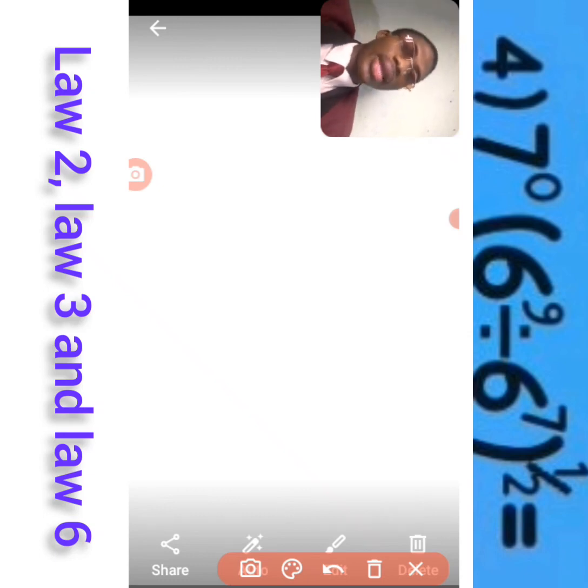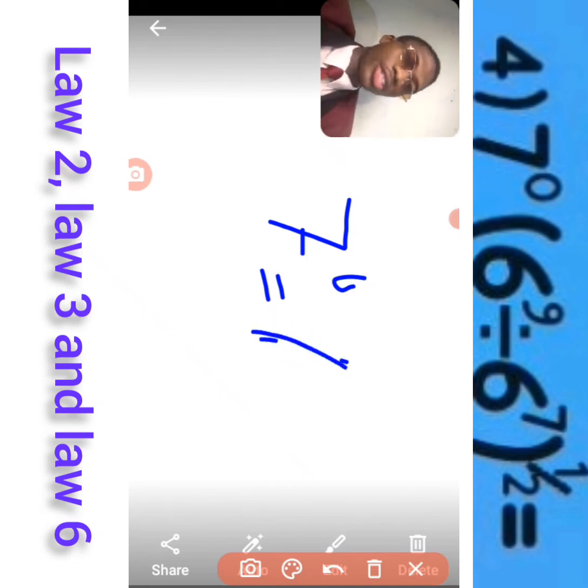And the last question, all right. From all that I've said, in question number 4, what we expected students to do: number 1, identify that 7 raised to the power 0 is equal to 1. It means that 7 has to vanish.